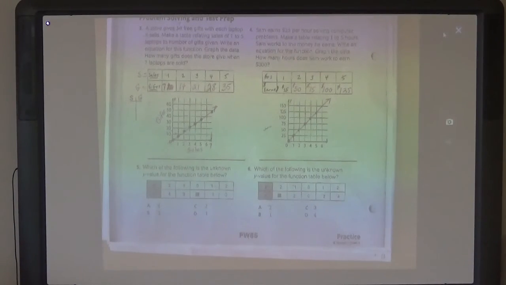And if you want a challenge, write an equation relating the number of hours worked to the amount of money earned. You should make advanced math do that.